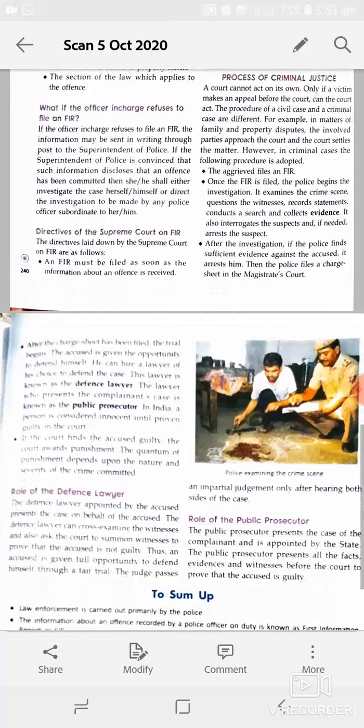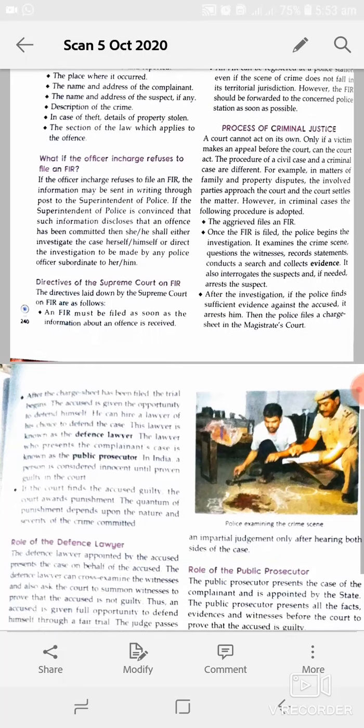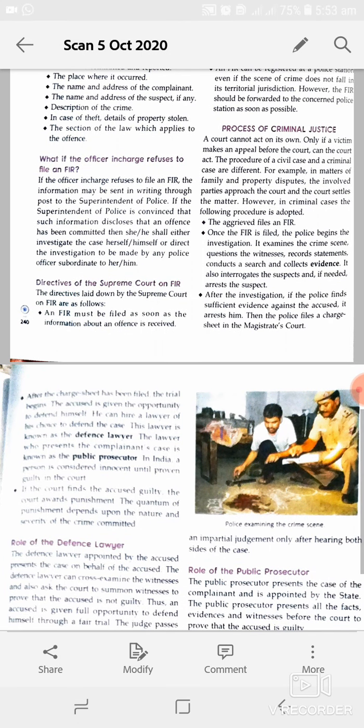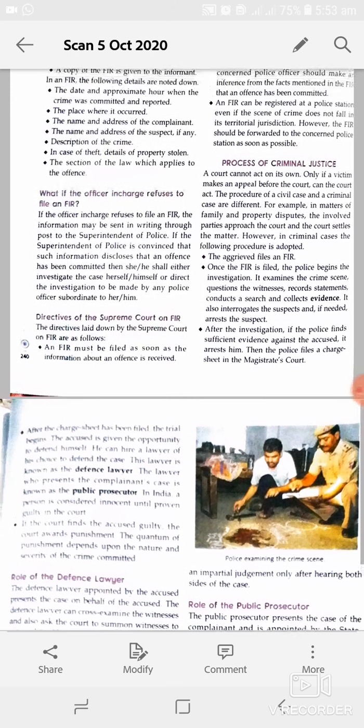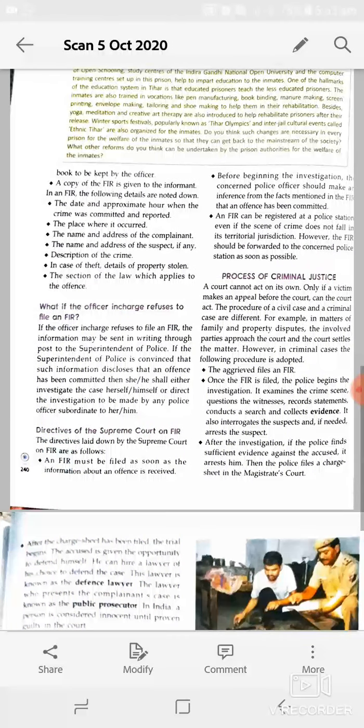Next is the directives of the Supreme Court on FIR. What are the directives given by the Supreme Court on FIR? First, the FIR must be filed as soon as information about an offence is received.